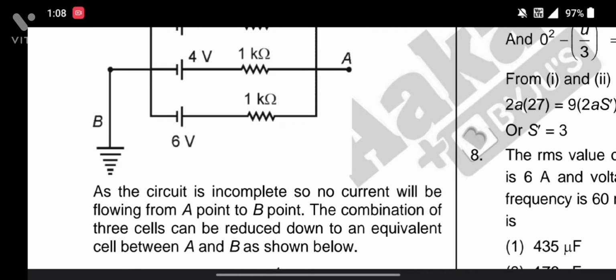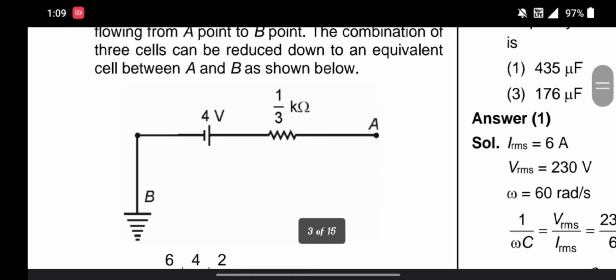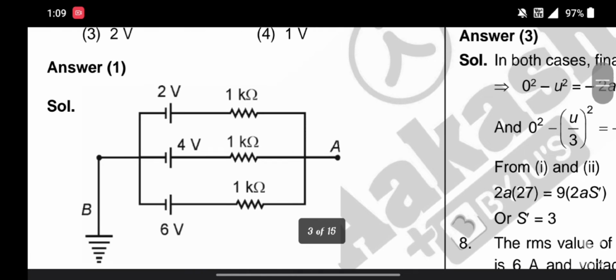So the circuit is incomplete, and therefore no current will be flowing from point A to point B, right? So the combination of 3 cells can be reduced. This combination of 3 cells can be reduced down to an equivalent cell between A and B.